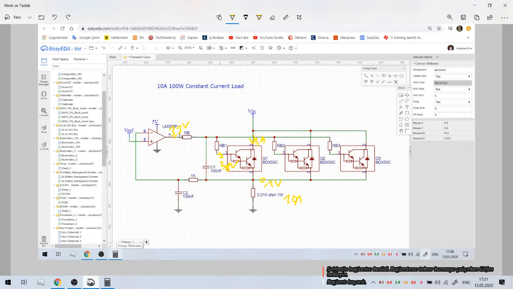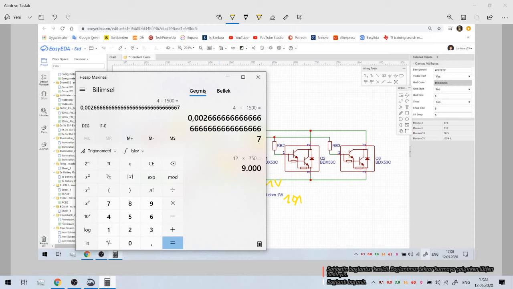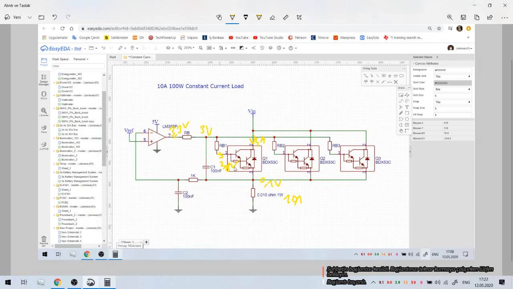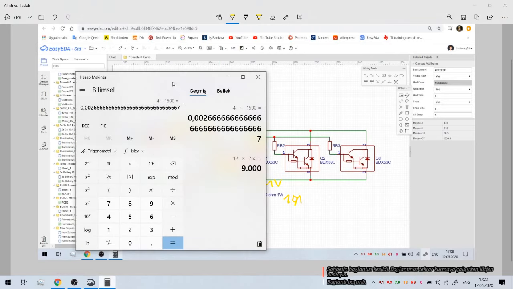Okay, 3 volt here. So nearly 0.5 volt voltage drop here and 2.6 milliamp flowing from here. I will give a lot of margin, maybe 4.